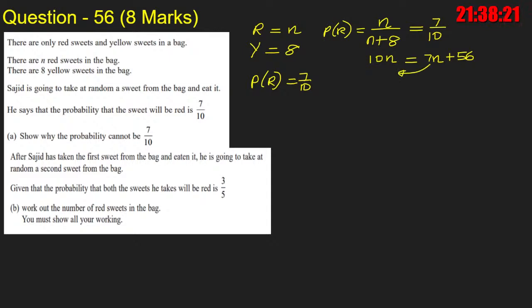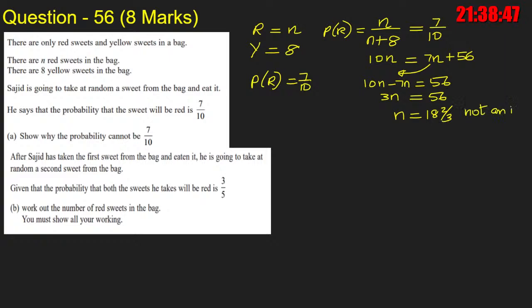7n goes to this side, so 10n minus 7n equals 56. So 3n equals 56 and n equals 56 over 3, which is 18 and 2 over 3, not an integer.